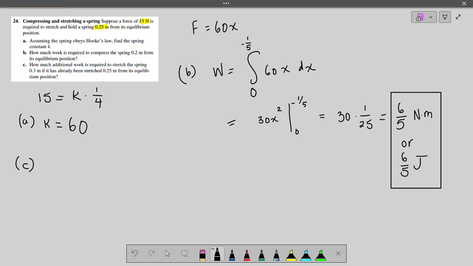Okay, part C says how much additional work is required to stretch the spring 0.3 meters if it has already been stretched 0.25 meters from its equilibrium position. So in other words, the spring is starting at 0.25 and we want to go an additional 0.3.